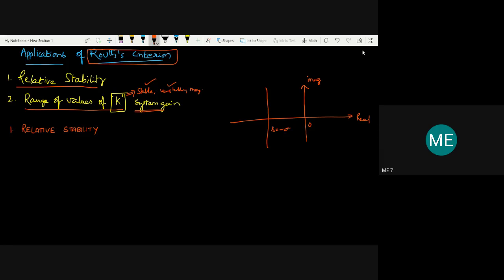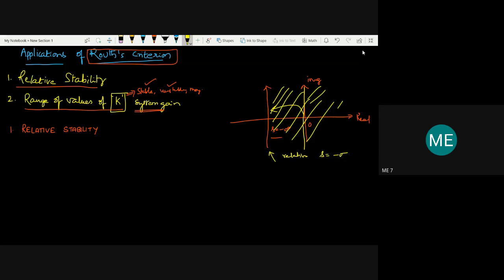If I want to find the stability of the system with respect to S equal to minus sigma, we are shifting the imaginary line towards this side, so this will become the new imaginary axis. What is the relative stability with respect to this line, S equal to minus sigma?